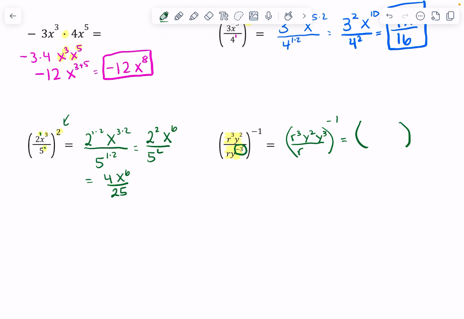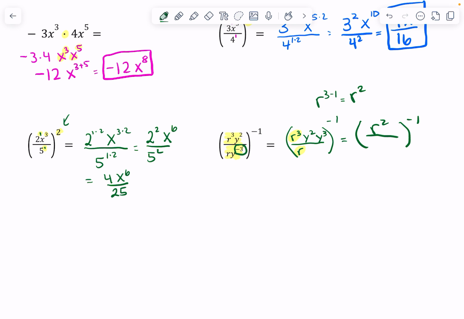I'm going to go ahead and wait for the negative exponent to fix, and I'm just going to go to the bases. Here's r. We have an r on the top and the bottom. Who has more? The top. How many more? 3. Now we could have just done r to the 3 minus 1, seeing that we got a positive 2, right?